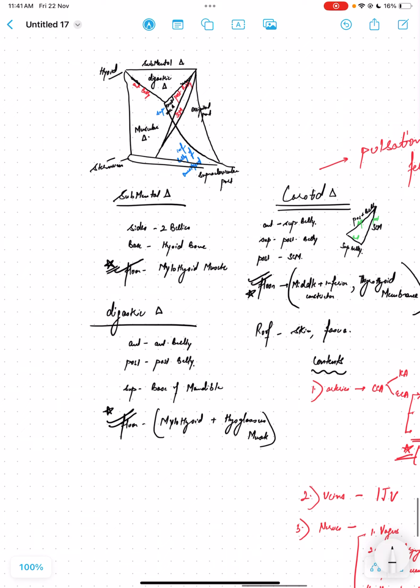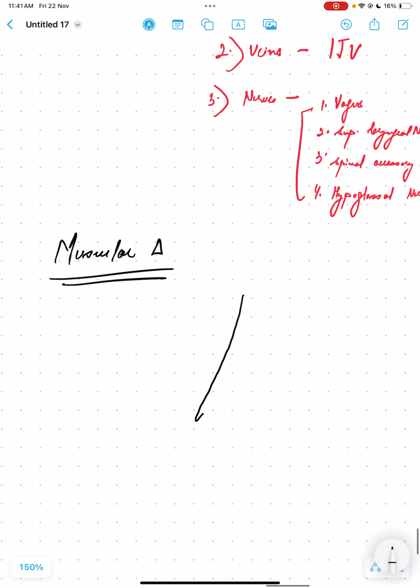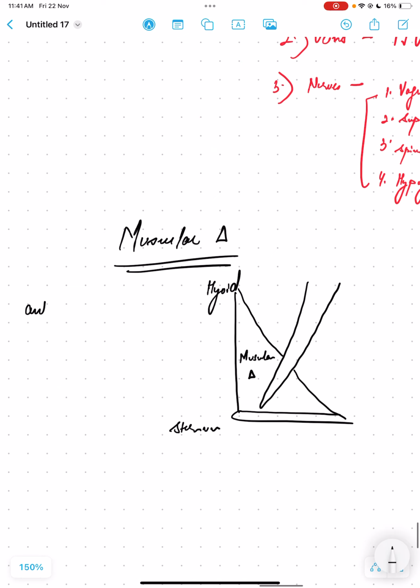I will draw this diagram simpler for you. This is our sternocleidomastoid muscle, this is the superior and the inferior belly, and this is the triangle, the muscular triangle. This is the hyoid, this is the sternum. So the anterior part is from hyoid to sternum.